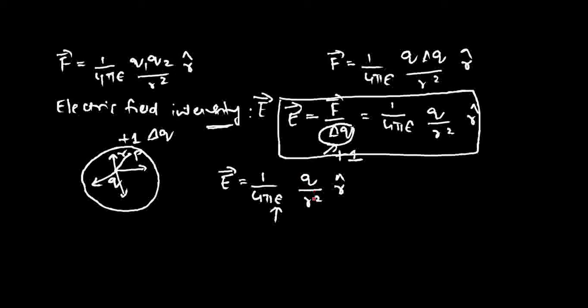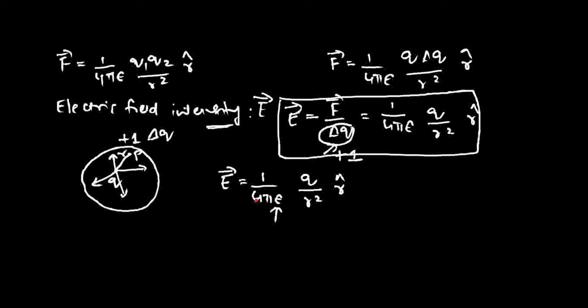Even though you fix Q and R, if you change the medium, say from air to paraffin, or from paraffin to wax, or from air to Teflon, so if you keep changing the medium, and even if the charge and the distance remain constant, electric field intensity will change because it depends on the medium. That means you can't consider electric field intensity as a generic parameter whose value can be calculated in any medium.